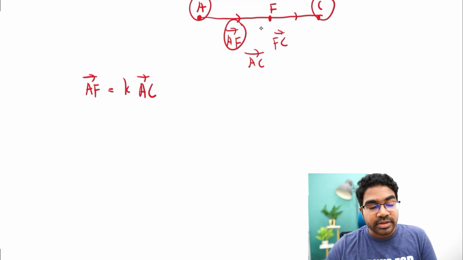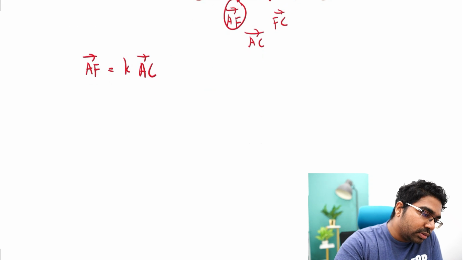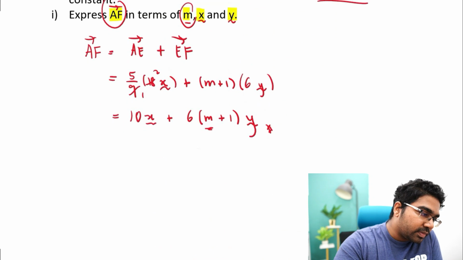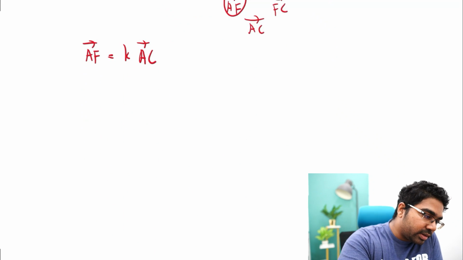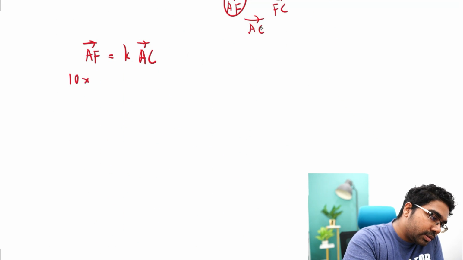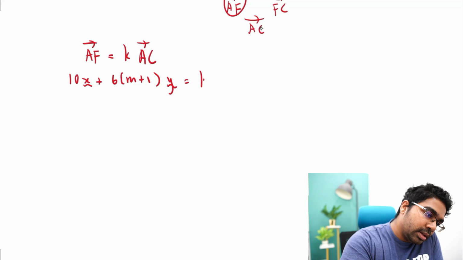We are using the parallel vectors concept here. So AF equals, so what is AF? We just found this: 10x plus 6m plus 1y. Let's write that down. 10x plus 6m plus 1y equals k AC.